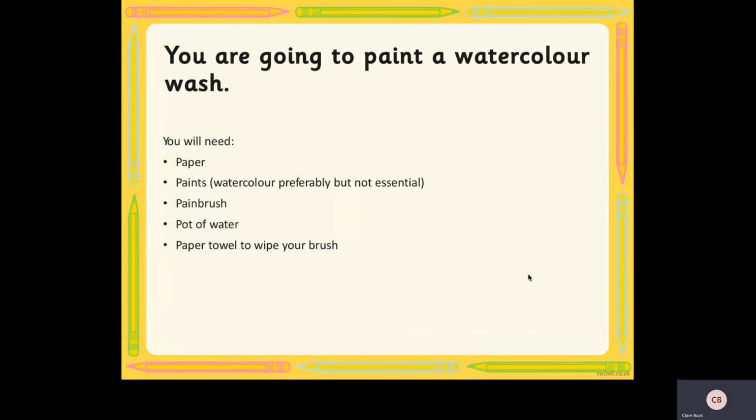So you are going to paint a watercolour wash. And for that, you will need some paper, some paints, watercolour preferably, but not essential. We couldn't find ours today, so we have used some poster paints, watered down with a bit of water. A paintbrush, a pot of water and paper towel to wipe your brush.